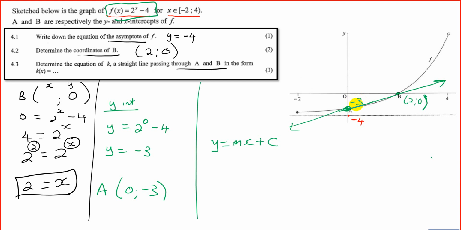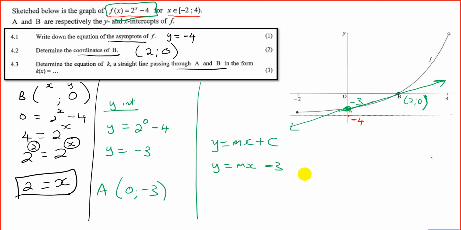Now, remember, we want to find the gradient m, and we found the y-intercept. Whichever way we want to do this, we know y is equal to mx, and the c value is minus 3.